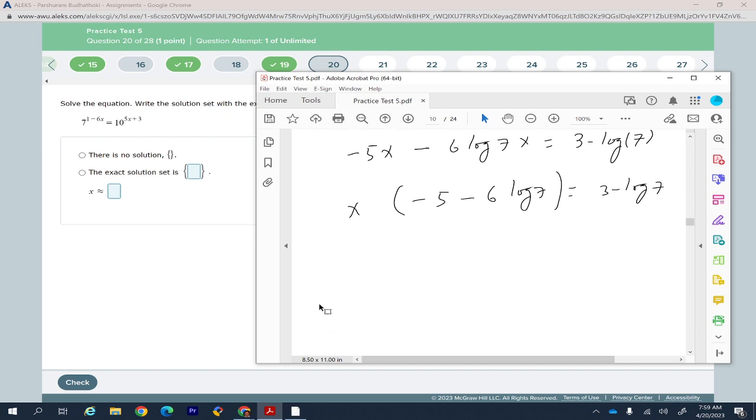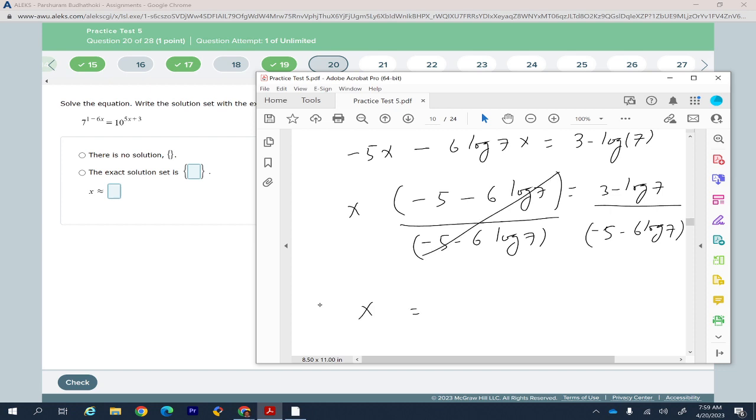So what is the value of x? Just divide both sides by this negative 5 minus 6 log 7. So x is equal to 3 minus log 7 over negative 5 minus 6 log 7. So that's your answer.